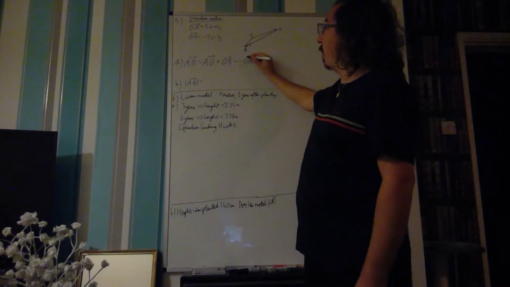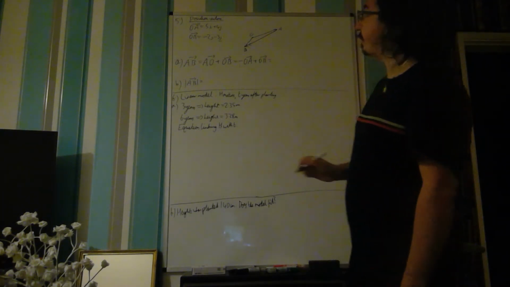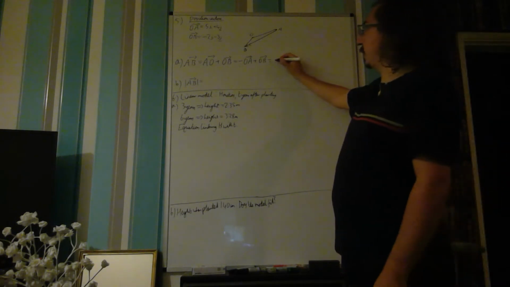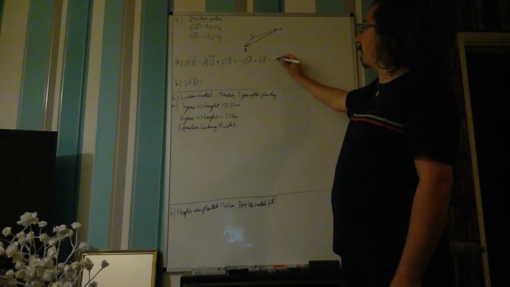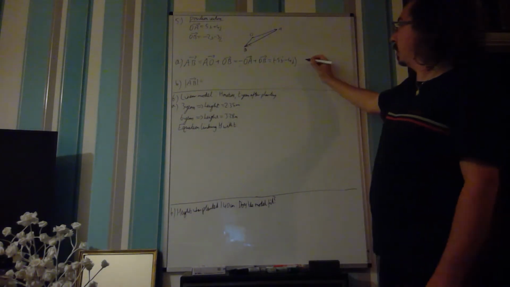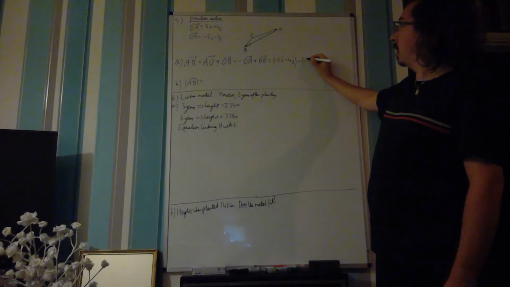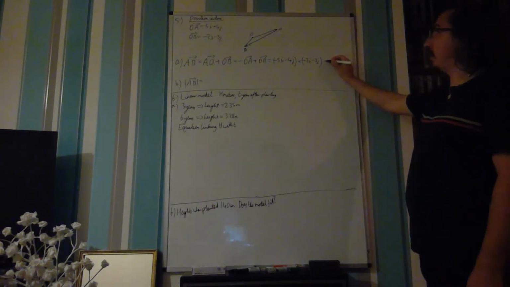So we can really write that as minus OA plus OB. So if we substitute in our vectors now, with the minus we have minus 5i minus 4j plus minus 2i minus 3j from the vector OB.